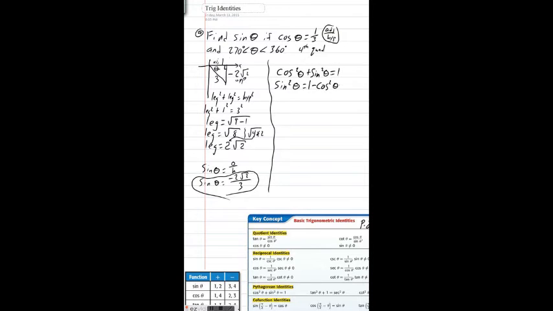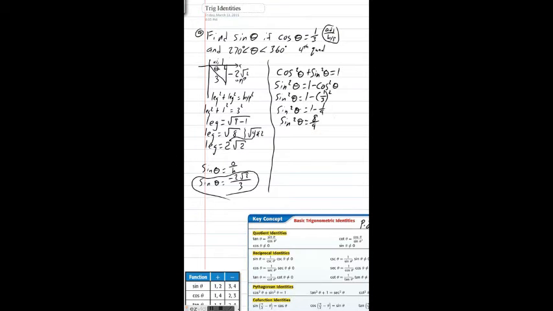Alright, well, I don't know what sine is. That's what I'm solving for. 1 minus, well, they told me cosine was 1 over 3. So 1 over 3 squared. So sine squared theta is equal to 1 minus 1 over 9. Sine squared theta is equal to 8 over 9.